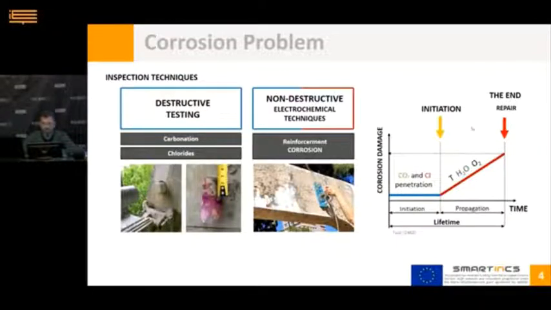They are intended to detect whether the propagation stage has started or not, and to find out at what point we are, that is, how serious is the problem, in order to choose when and how to intervene in the structure. Electrochemical non-destructive techniques are also useful to check the effectiveness of corrosion repairs.